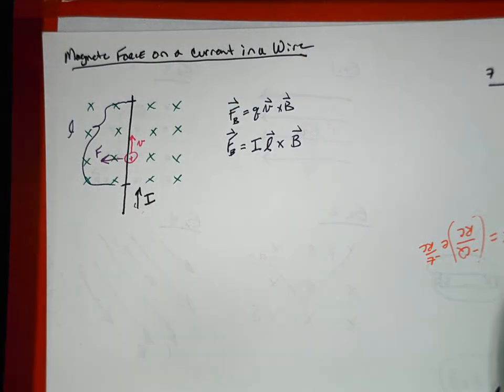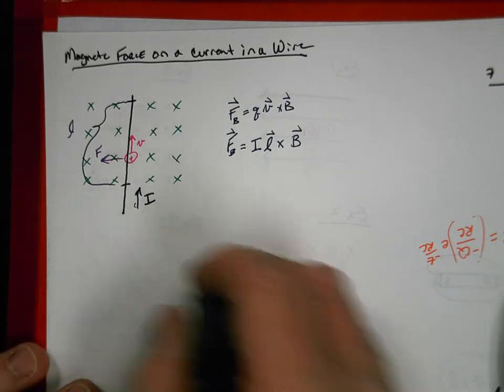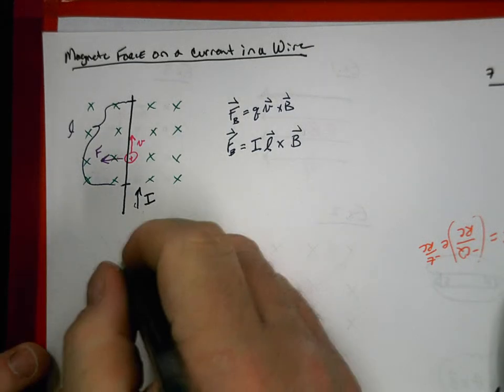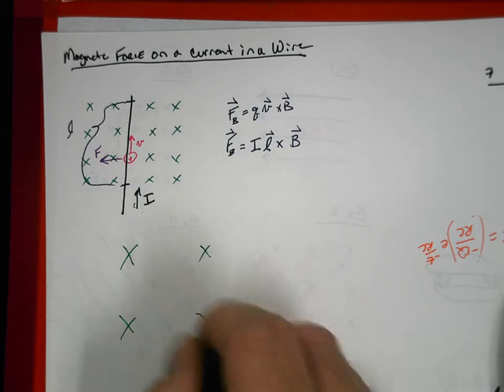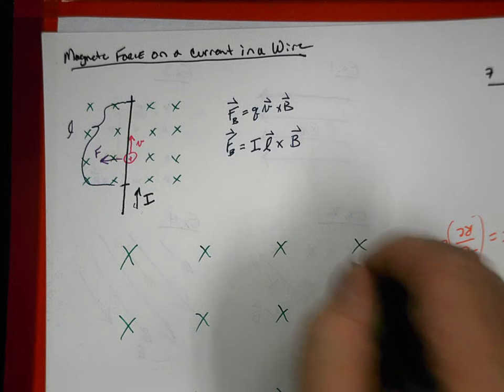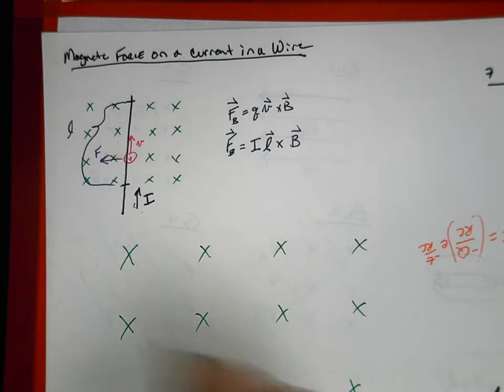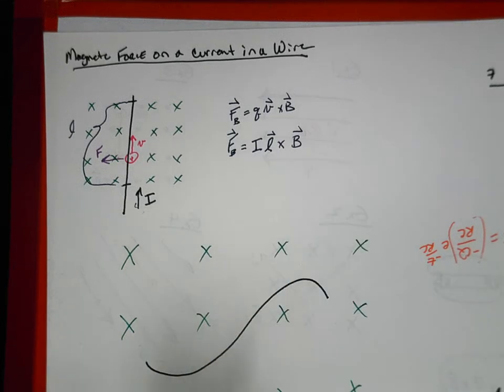But we take a look at this. We're going to make a big magnetic field, and we take a wire like that, and this wire has a current in it.